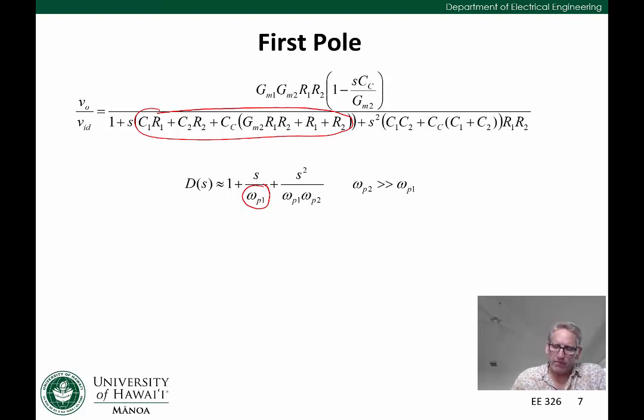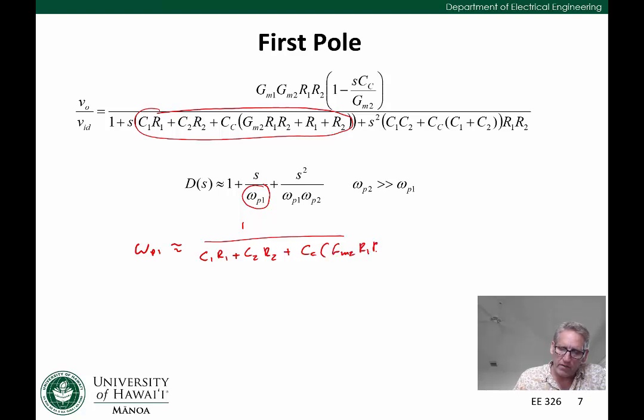So if we write that, we can say that omega p1 is approximately equal to 1 over, and then I'm going to just copy that term. So that would be C1 R1 plus C2 R2 plus CC times GM2 R1 R2 plus R1 plus R2.